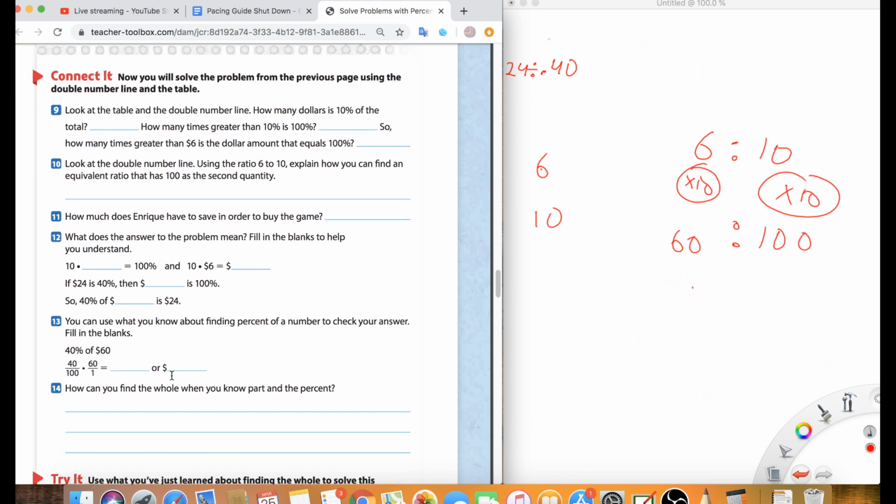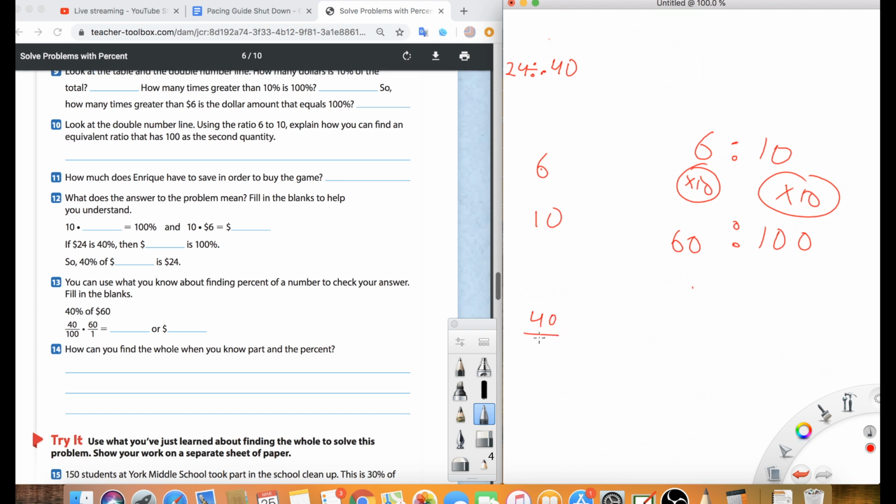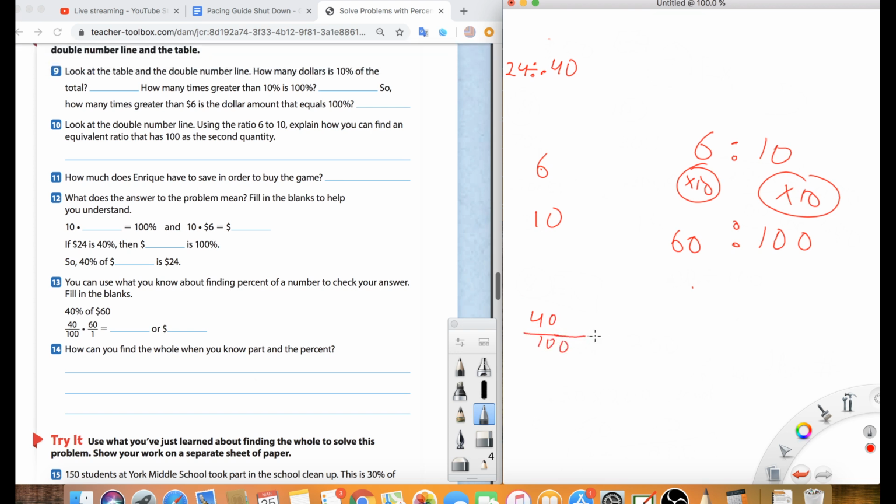You can use what you know to find the percent of a number to check your answer. So fill in the blanks right here. The 40% becomes 40 over 100, and you multiply that by 60 over 1. When you do this, we get 240 on top and 100 on the bottom.